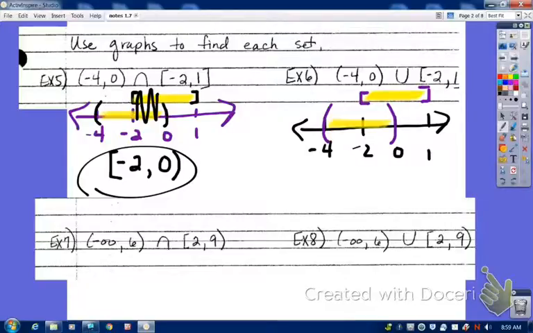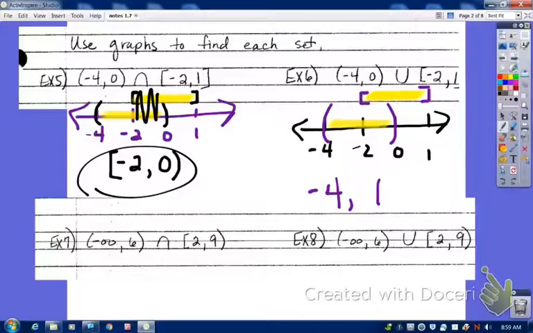So what's the smallest number that we've graphed? -4. What's the largest number that we've graphed? 1. So if we union these two sets, we have to show everything that both sets have. If we put those two sets together, if you take that top graph and slide it down, it would connect, and you would go all the way from -4 to 1.